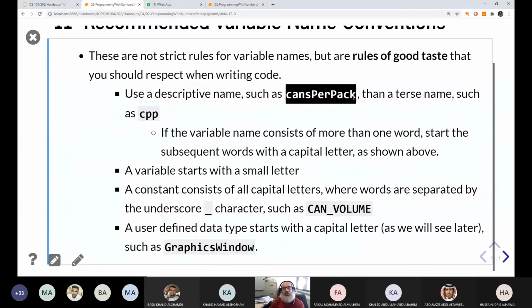So it makes reading programs easier. And if somebody would like to torture the one who reads his code, then let him use different conventions. It's really helpful to stick to this convention.